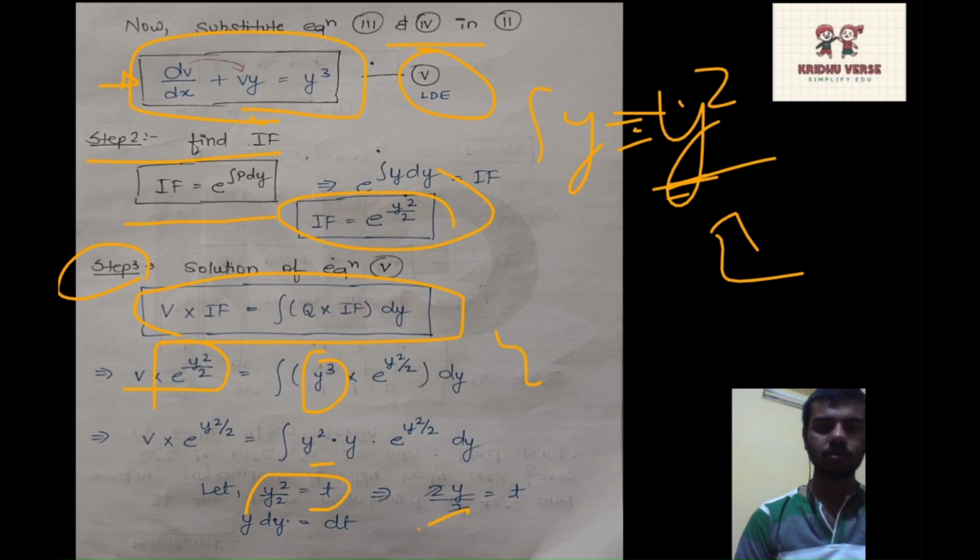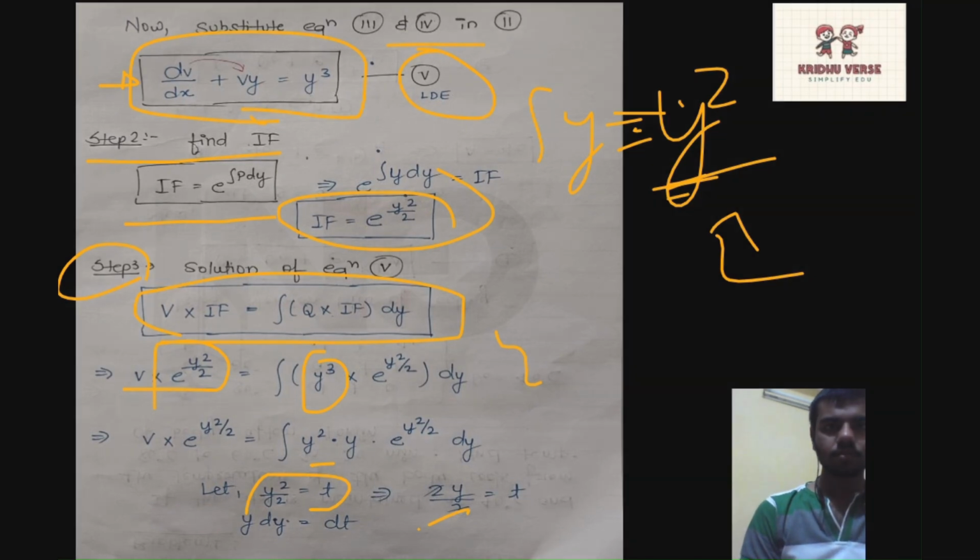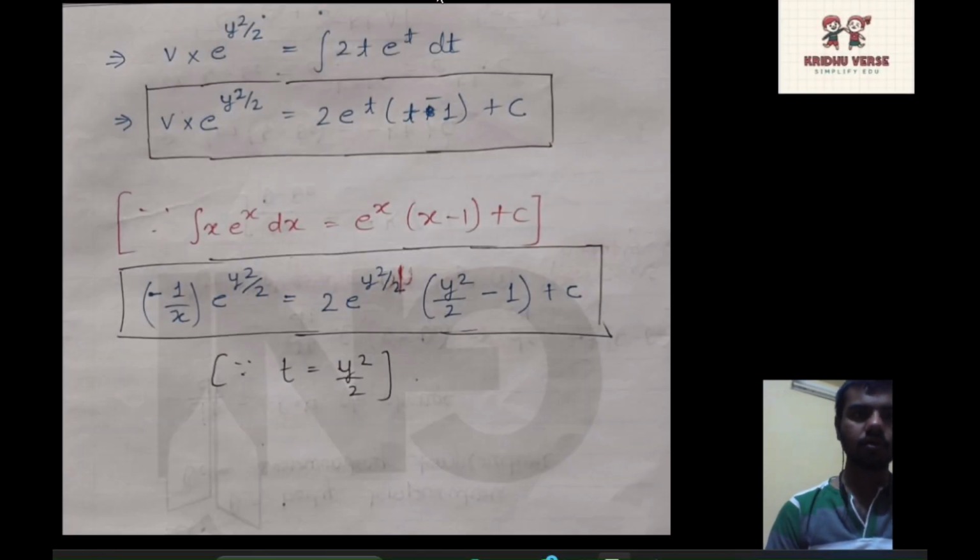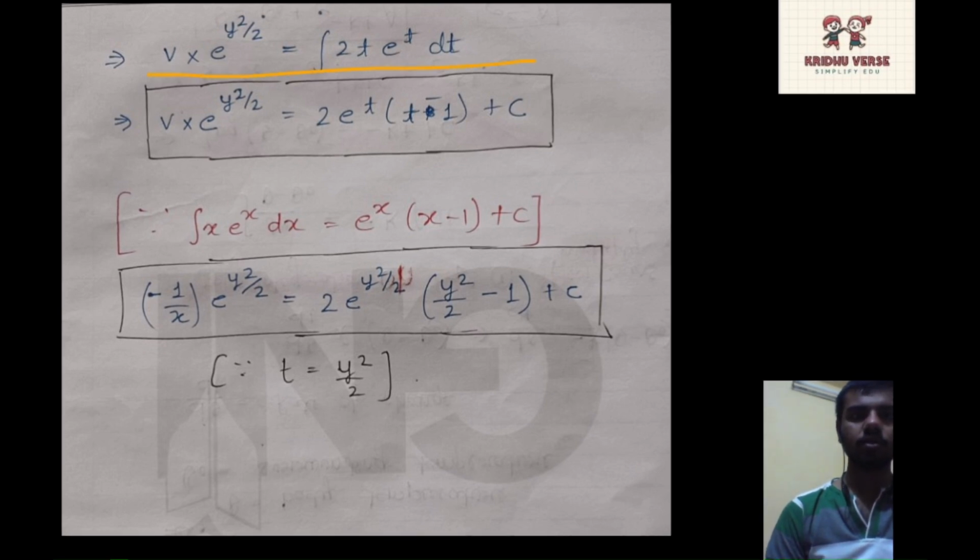From here we can see. As we substituted y square by 2 as t, here we will get 2t e power t, because only y square is present there, and y dy equals dt. So this is the whole equation we got after substituting the previous one.